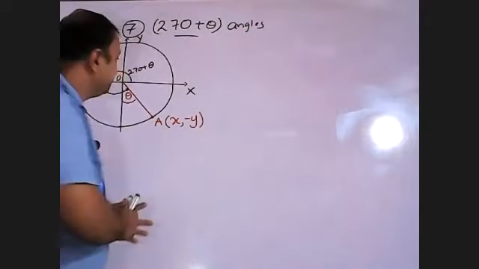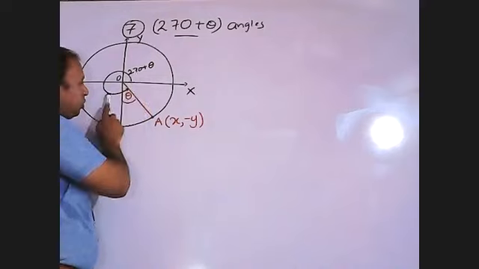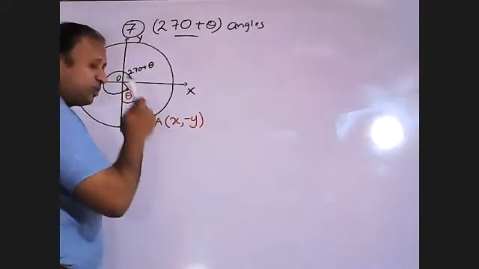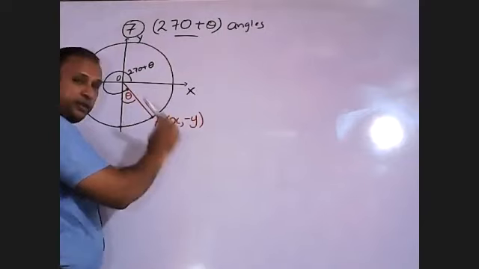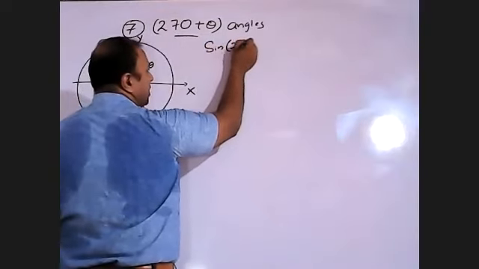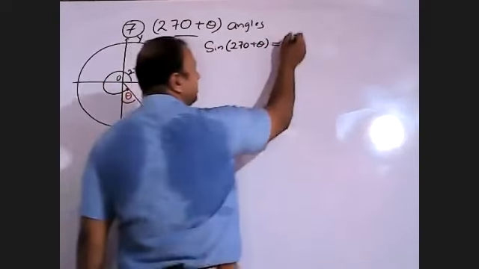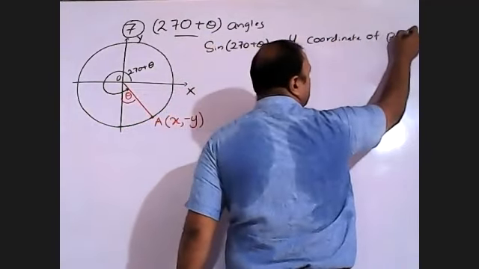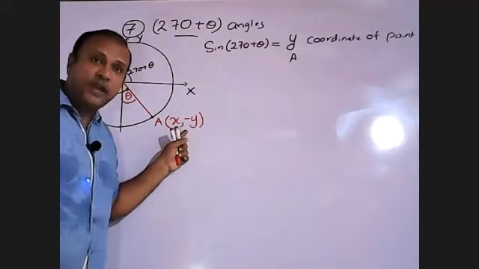According to that definition, the sine value of 270 plus theta should be equal to the y coordinate of the corresponding point on the unit circle. Therefore, sine 270 plus theta is equal to the y coordinate of point A. Now it is minus y.